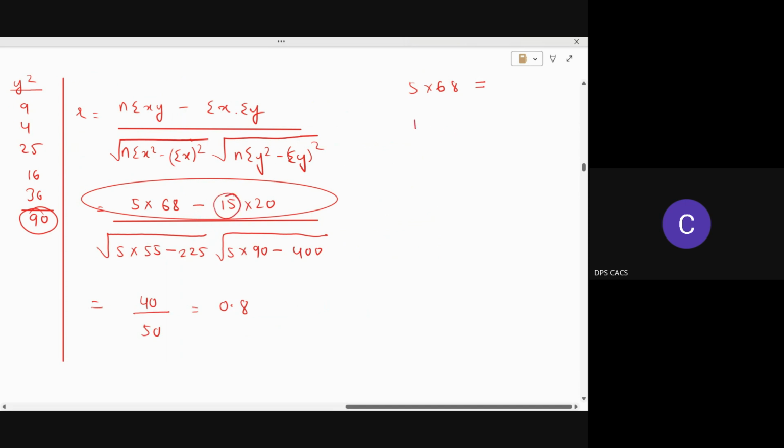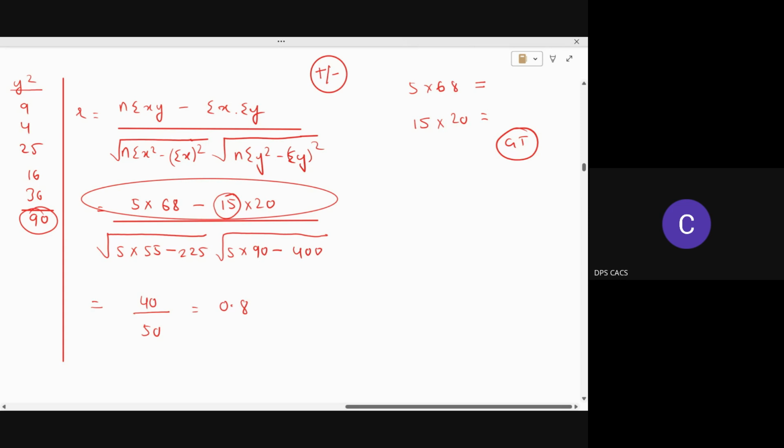So type 15 on your calculator. Then there is a plus minus button on your calculator. Have you seen this? After writing 15, press the plus minus button. It will become minus 15. Then multiply with 20, equal to and then GT, you will get the numerator easily.